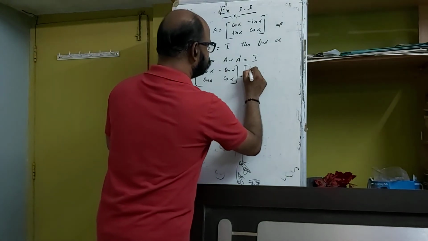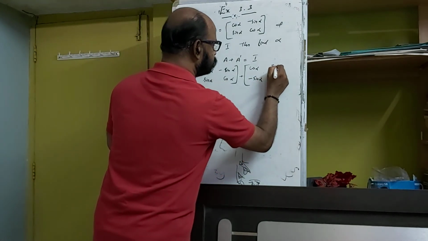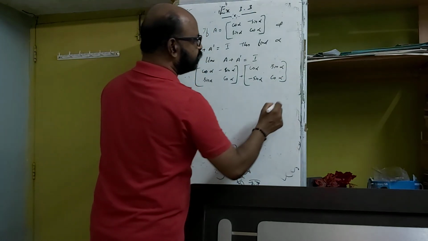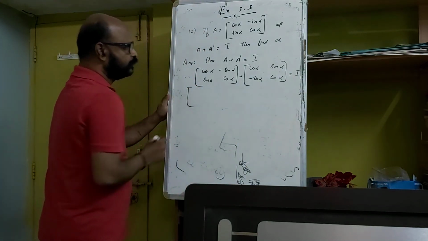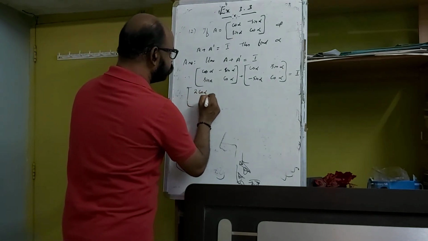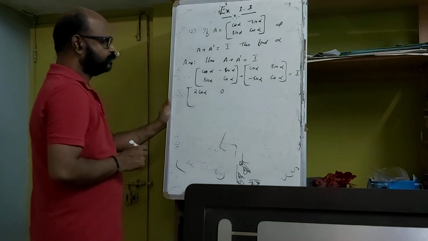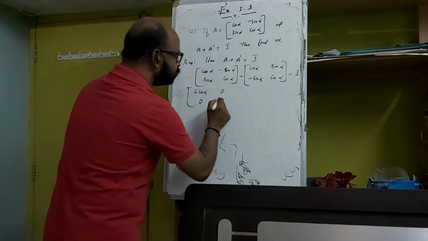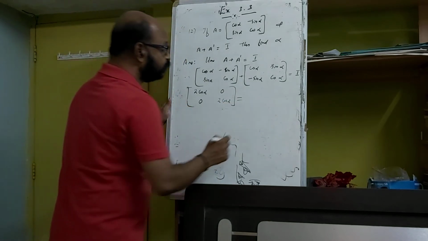So first row becomes the first column, second row becomes the second column, okay, is equal to I. Therefore, okay, cos alpha plus cos alpha, that is 2 cos alpha, minus sin alpha plus sin alpha, that is 0, sin alpha plus minus sin alpha, that is again 0, then 2 cos alpha, okay, is equal to I.